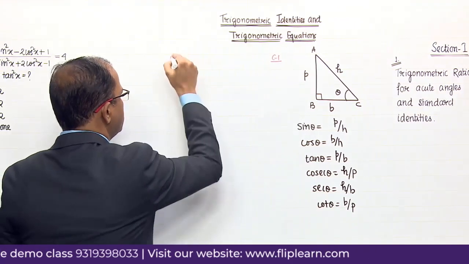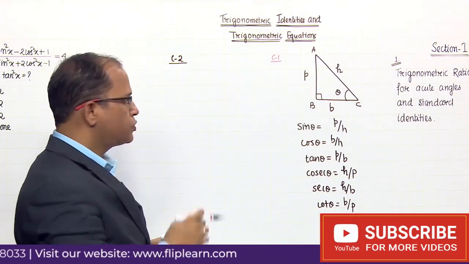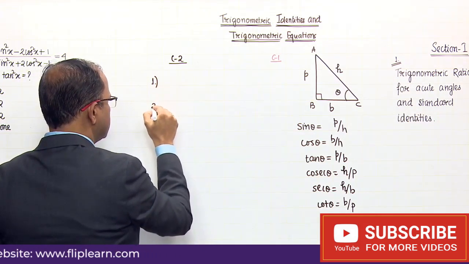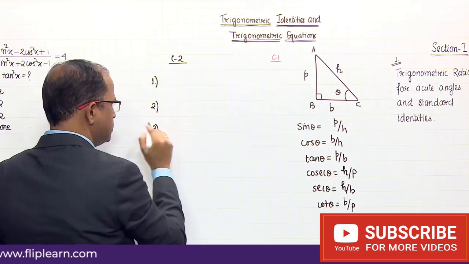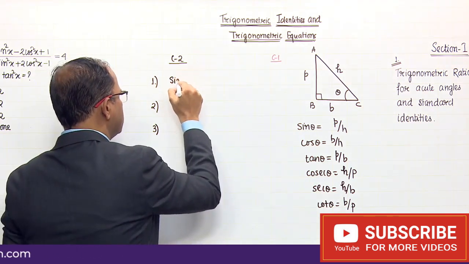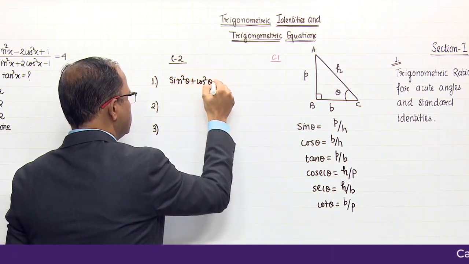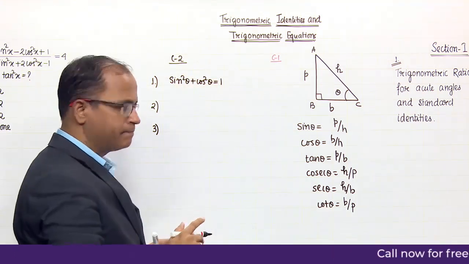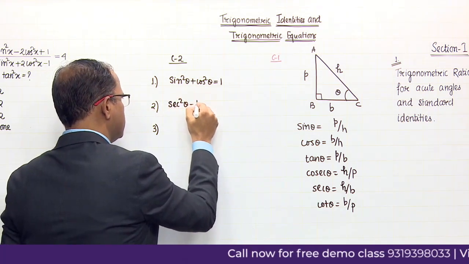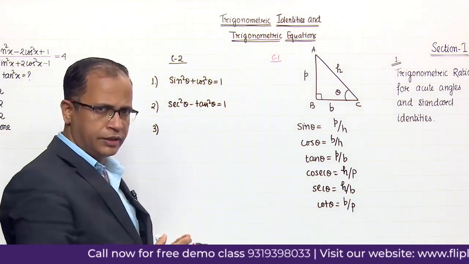We have concept number two. Those are basically the identities I'm talking about, right? So when we talk about identities, there are three identities. One is sine square theta plus cos square theta is equal to 1, right? Then we have secant square theta minus tan square theta is equal to 1, right?